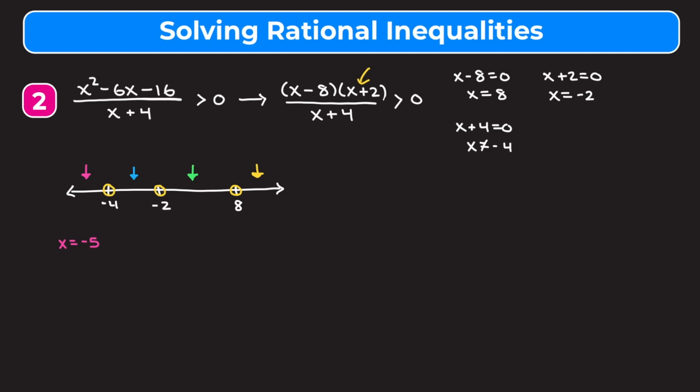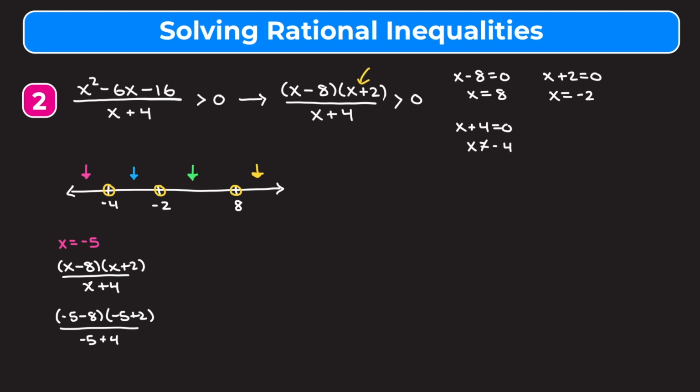We're going to take our factored version, so x minus 8 over x plus 2 over x plus 4, and we want to see what happens when we plug in negative 5. So we'll have negative 5 minus 8, we'll have negative 5 plus 2, and we'll have negative 5 plus 4. And now we just want to see what our sign is going to come out to.